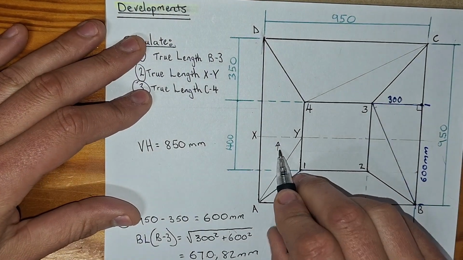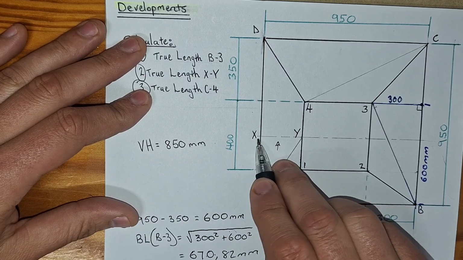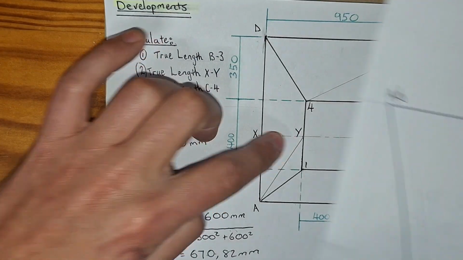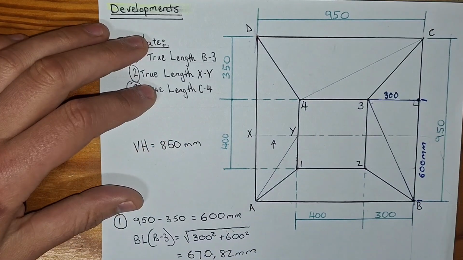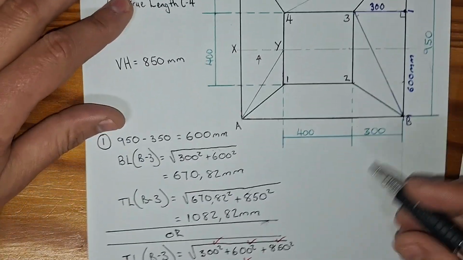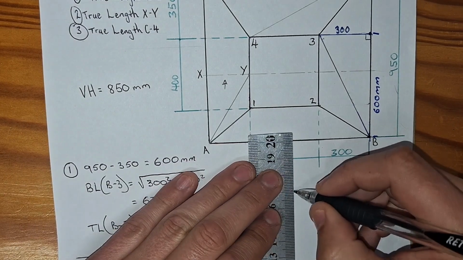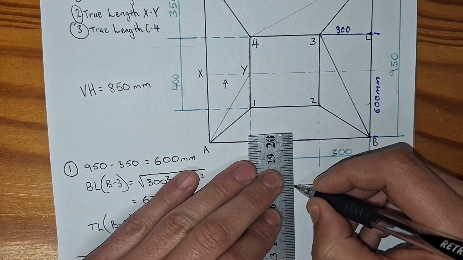So if you look at this from X, which is at the top, and Y, which will be at the bottom, it will form a triangle which looks something very much like this.